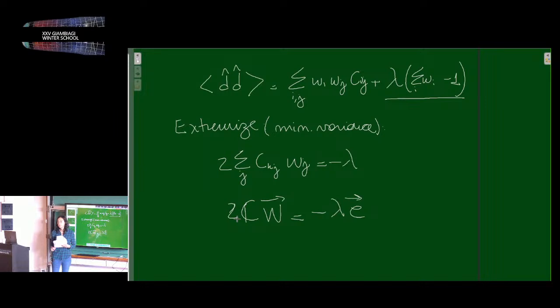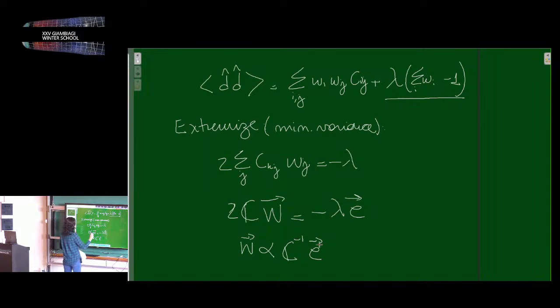So the solution to this equation tells us W. I know that the sum over the weights is equal to 1, but I want to know what the weights are to make this estimator minimum variance. Well, W will be proportional to C to the minus 1 times this vector E.